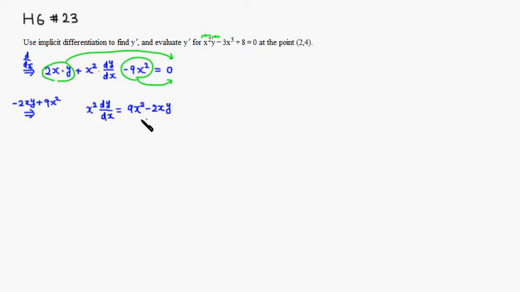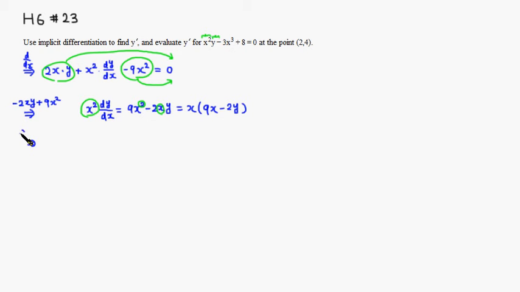Since both of these terms have x in them, I'm going to pull that out. So x is pulled out, and what's left is 9x minus 2y. Then the next step is to get rid of the x squared that's with the dy over dx, because we want to isolate dy over dx.